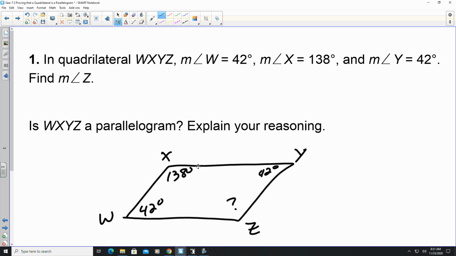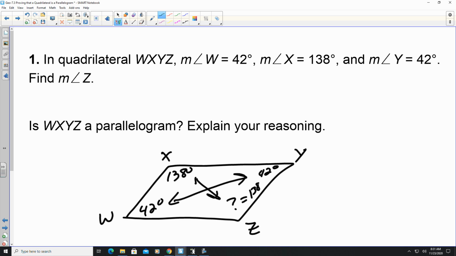Well, since these two opposite angles are congruent, and we also know that if I were to take the sum of all these angles, this quadrilateral should be 360. So if I subtract 138, subtract 42, subtract 42, I would also get 138.